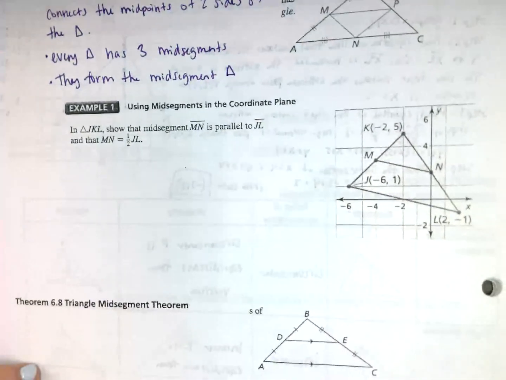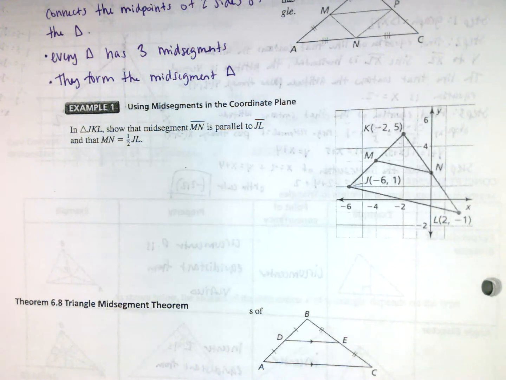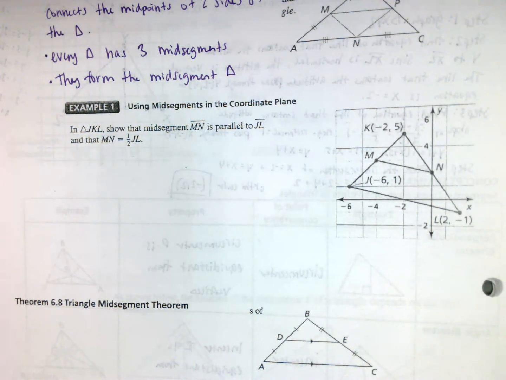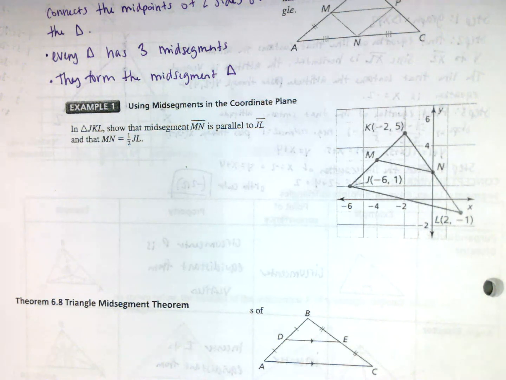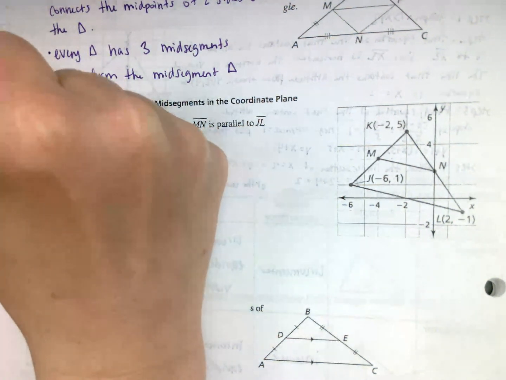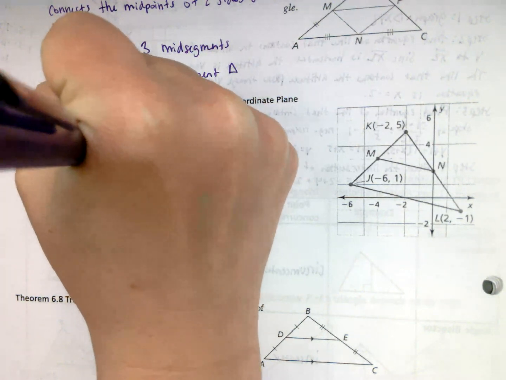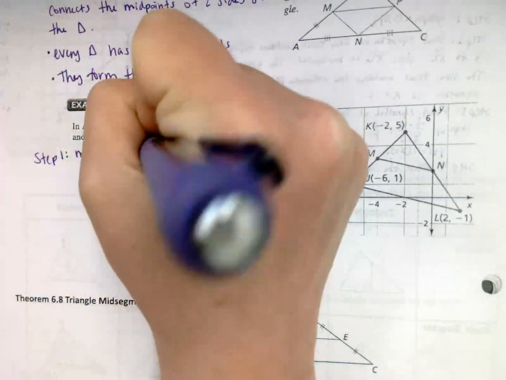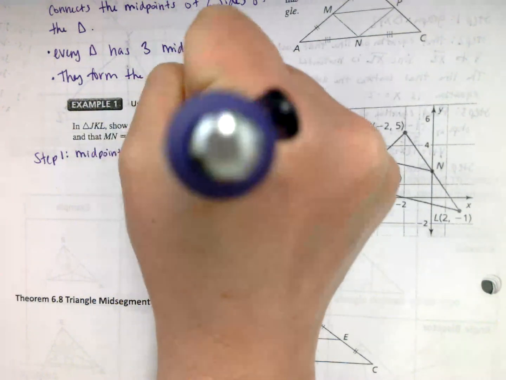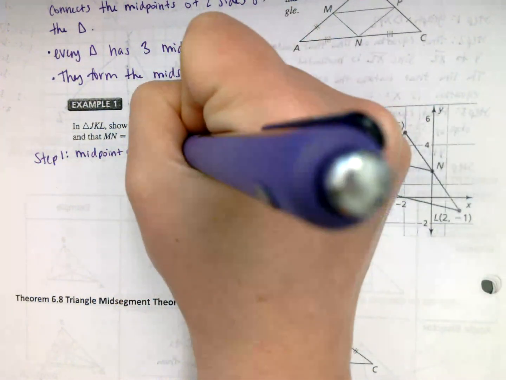Okay, so in example 1, it says in triangle JKL, show that midsegment MN is parallel to segment JL and that MN is 1/2 of JL. Step 1 here is going to be the midpoint of JK and segment KL.